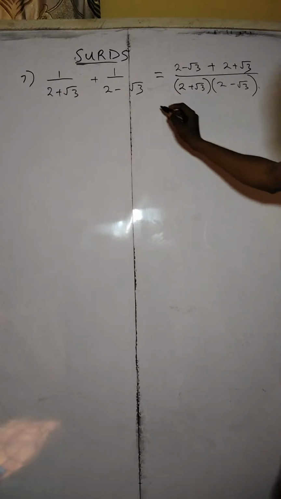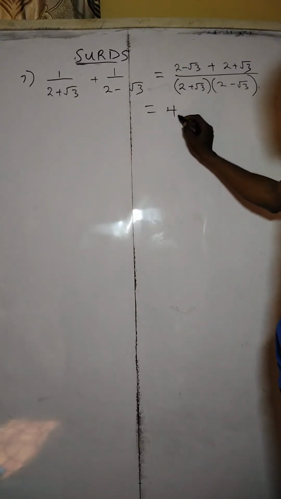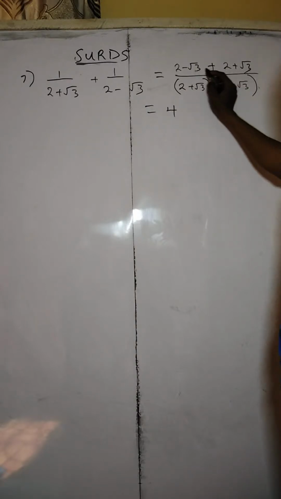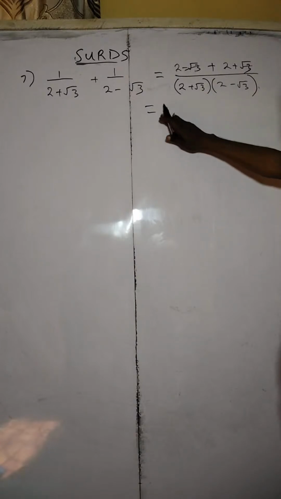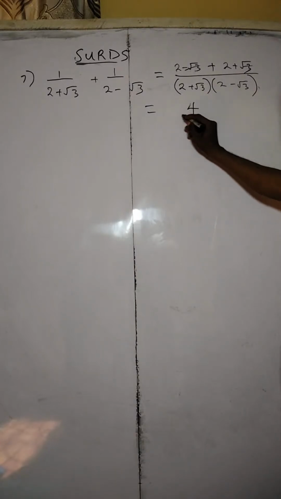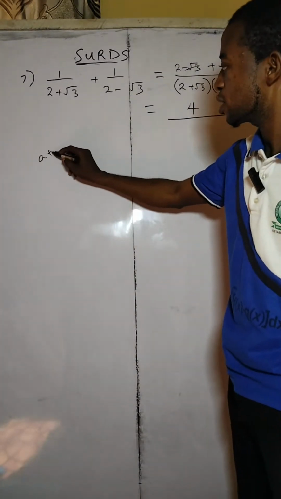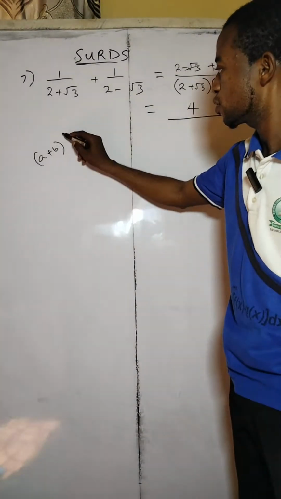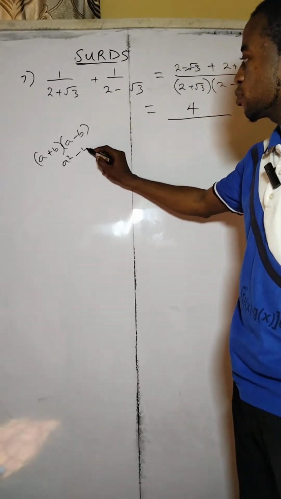And here, what is up now? We can bring 2 plus 2 together, that becomes 4. The minus root 3 plus root 3 cancel each other. So we have 4 left, which is divided by, here also they are conjugate surds, which follows the difference of two squares, a plus b in brackets times a minus b, same thing as a squared minus b squared.